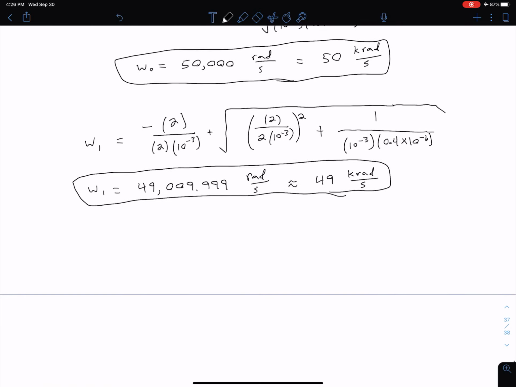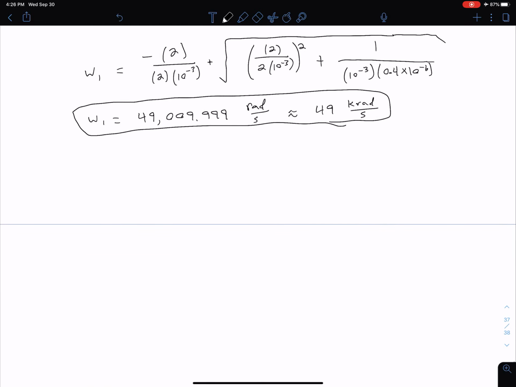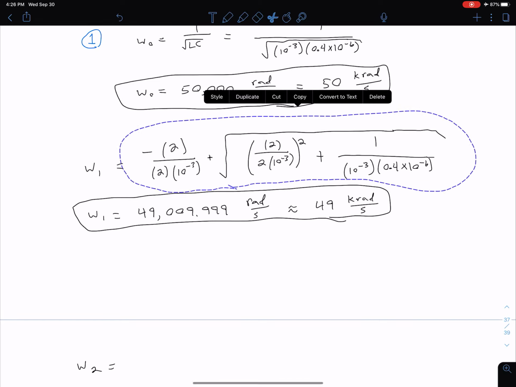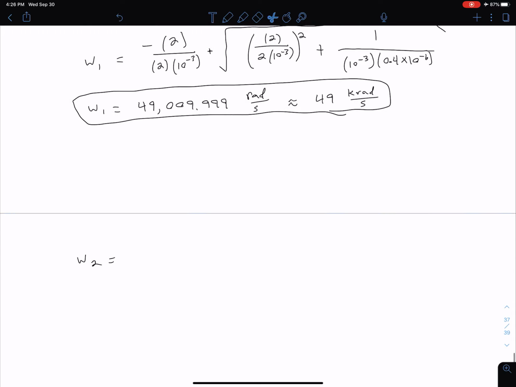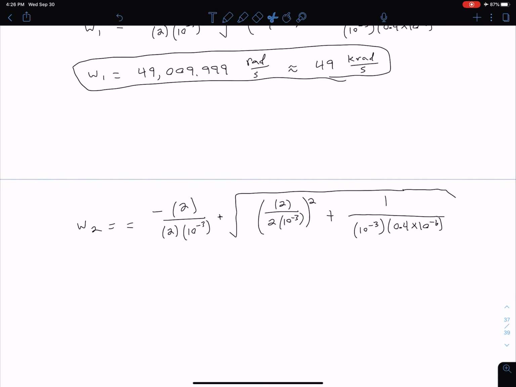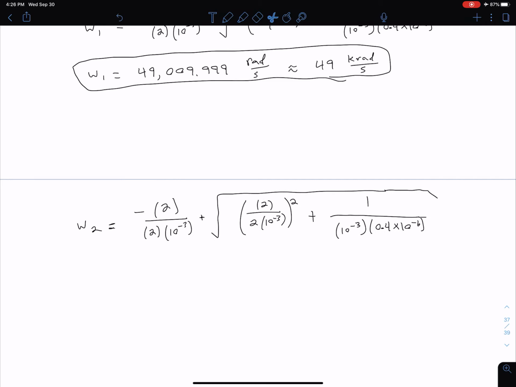Okay, so now finally for our omega 2, this is the last thing that we wanted for our part A. Again, that form is going to be pretty similar to this, so let me at least copy this here. The only difference is we're going to get rid of this negative sign out front, but everything else is going to stay the same.